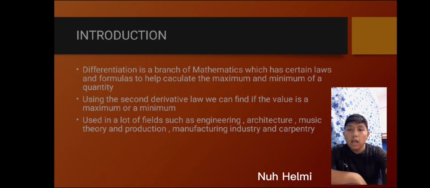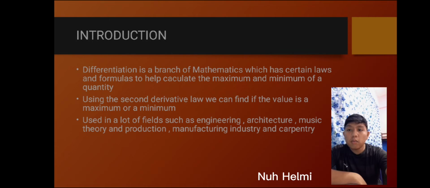If the final expression, function or value is positive, then we should have a minimum point, and if it has a negative value, then we would have a maximum point. Besides, we can also use differentiation to calculate the rate of change of a certain value or the area and the volume of certain shapes.